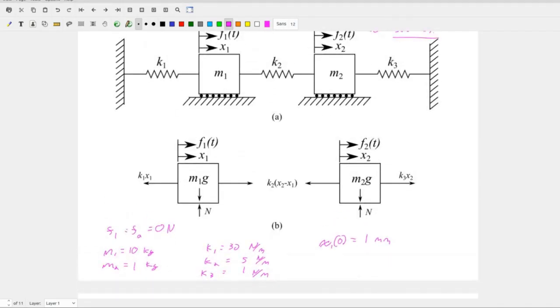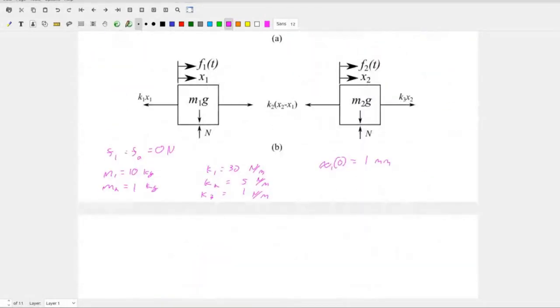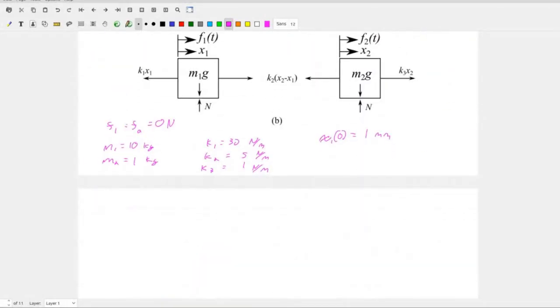So pretty simple free body diagram here. We've assumed that x2 displaces a little bit more than x1. Again, you could do the other way; you'd get the same values. But let's go ahead and just write these equation of motions.